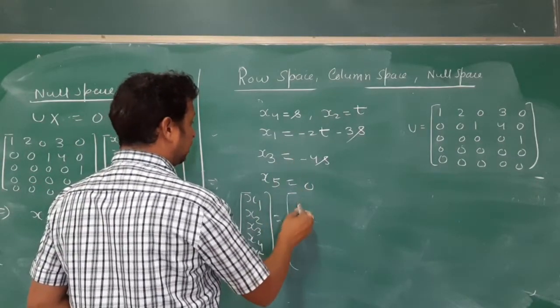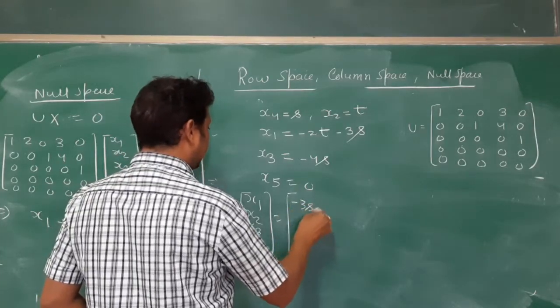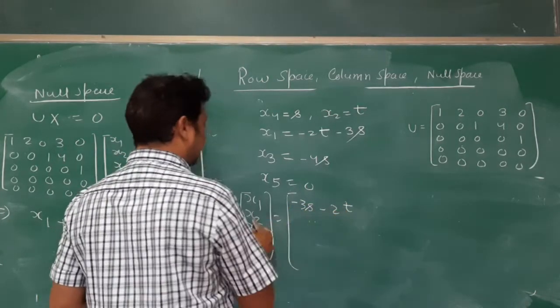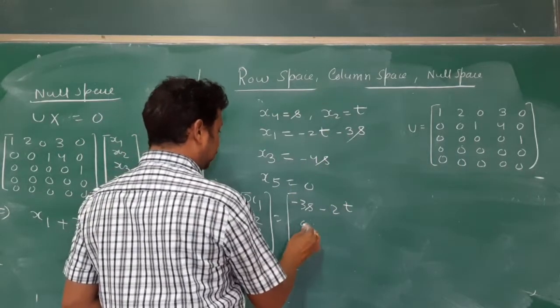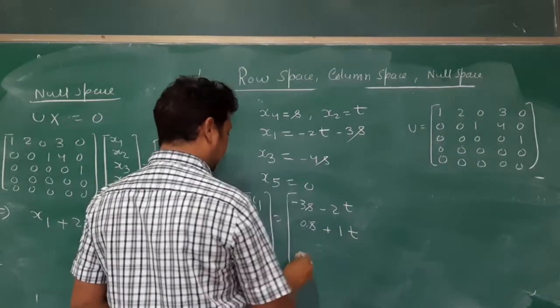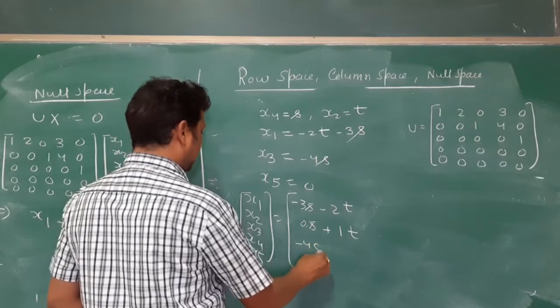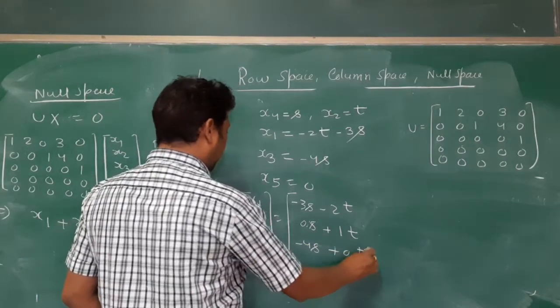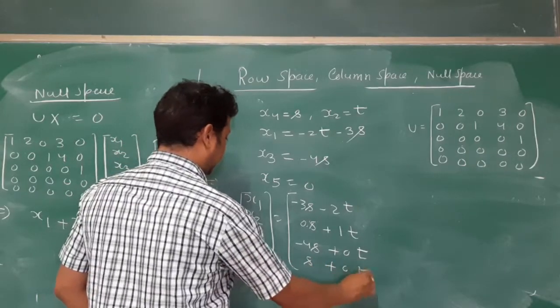What is x1? x1 is minus 3s minus 2t. What is x2? x2 is t. t means 0s plus 1t. Correct? What is x3? Minus 4s plus 0t. What is x4? s plus 0t.